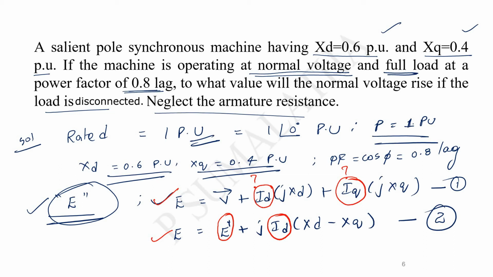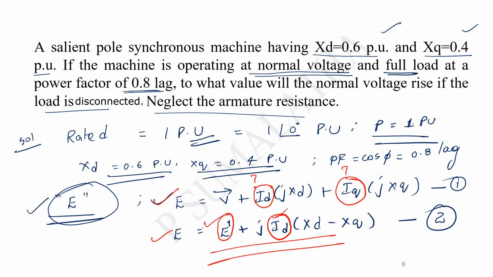We know Id Xd is equal to mod E minus mod V cos del. Similarly the Iq value will be equal to mod V into sin del. So by taking those values and substituting and simplifying, or else you can take the second equation and get the E values and Id.